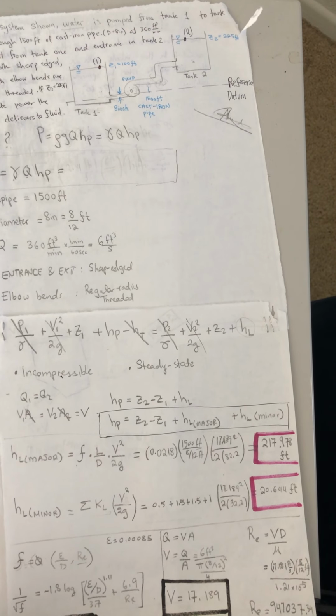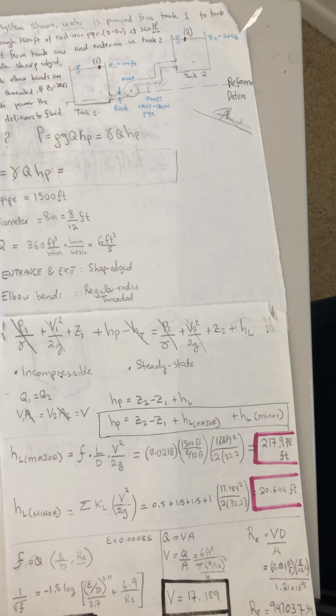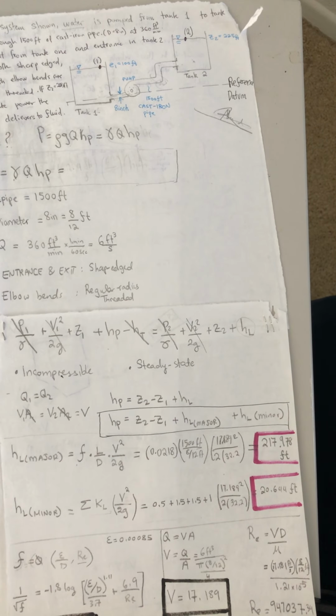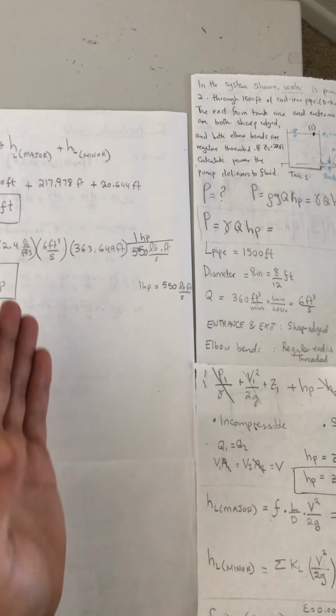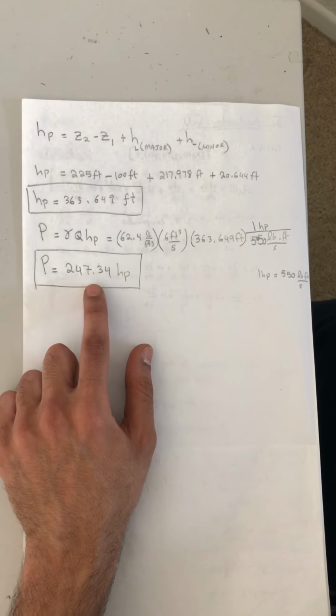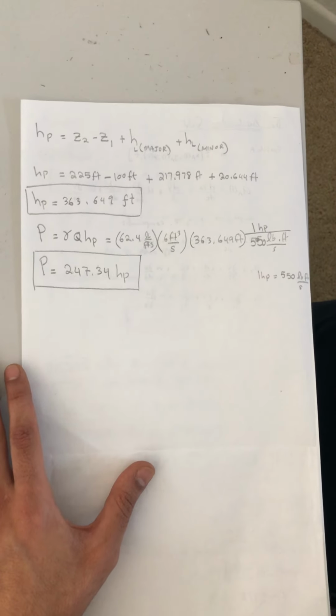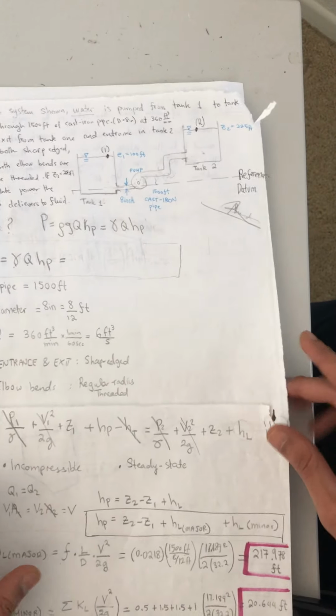After determining the head losses, the major and the minor, we were able to solve for our head gain. And from there, we just plugged our head gain of the pump value into the performance equation, and we concluded that the power delivered is 247.34 horsepower. I hope I covered everything.